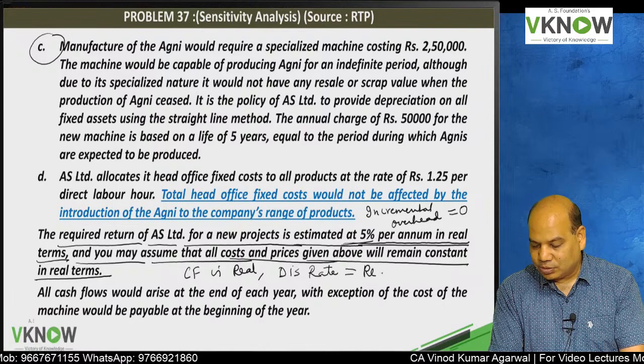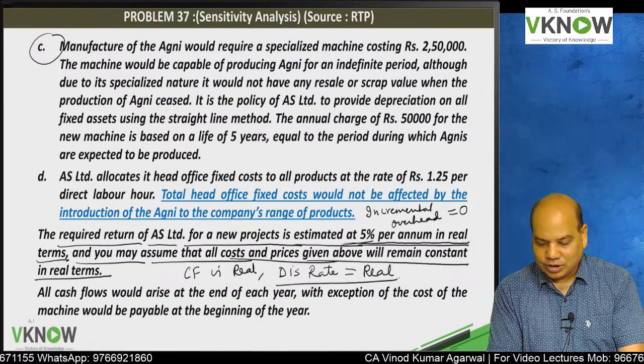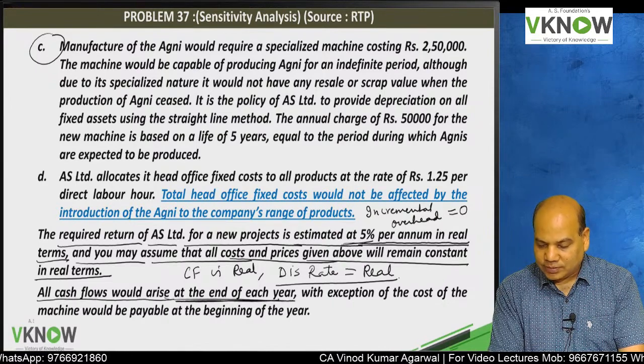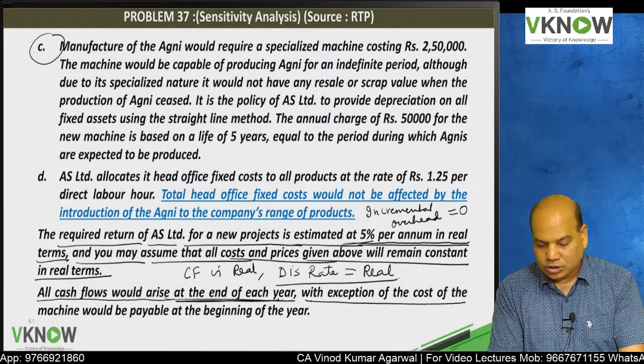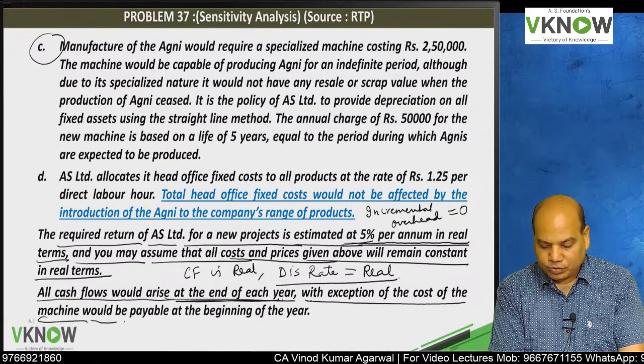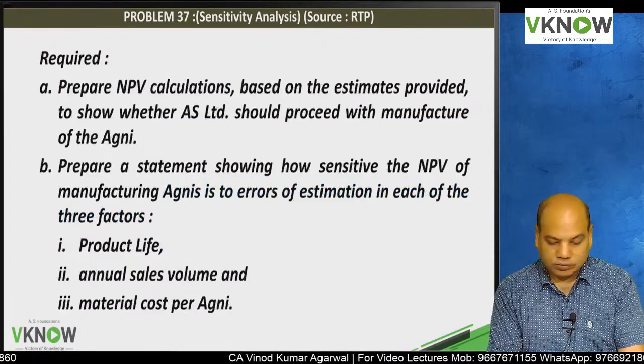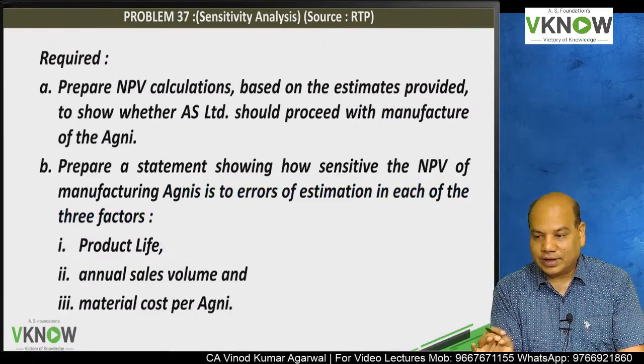Real cash flow will be discounted using real discount rate. All cash flow would arise at the end of each year, with the exception of the cost of the machine, which would be payable at the beginning of the year. Till now they have not given a tax rate.